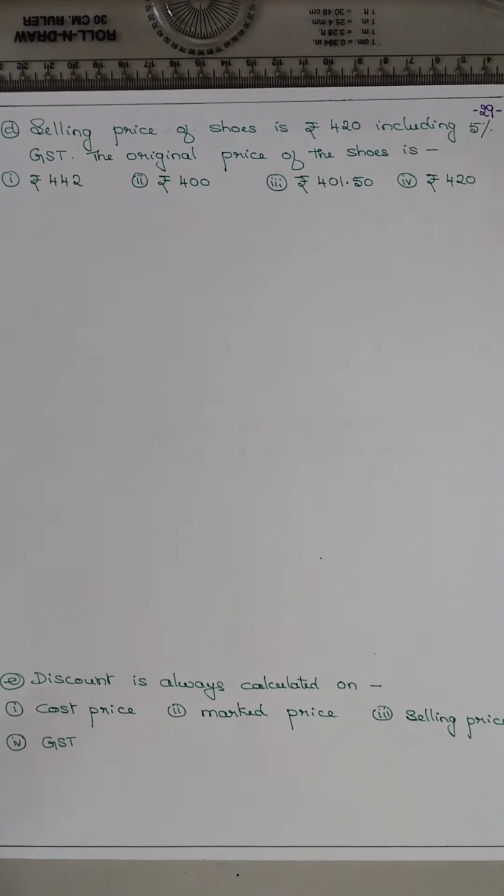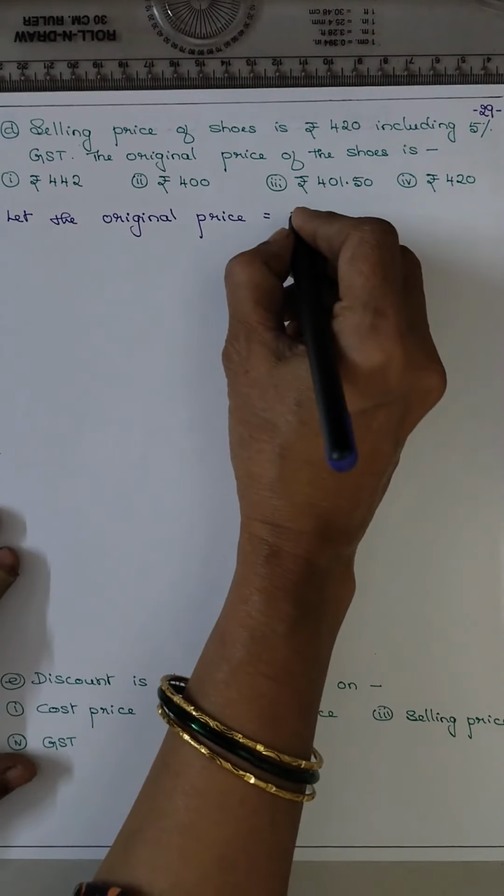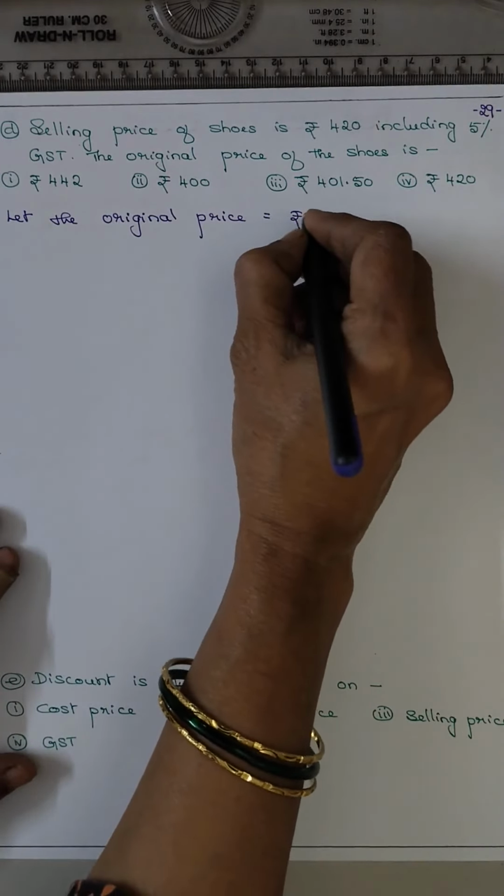So first, let the original price be X. Now GST percent, how much have they told? It is 5%.